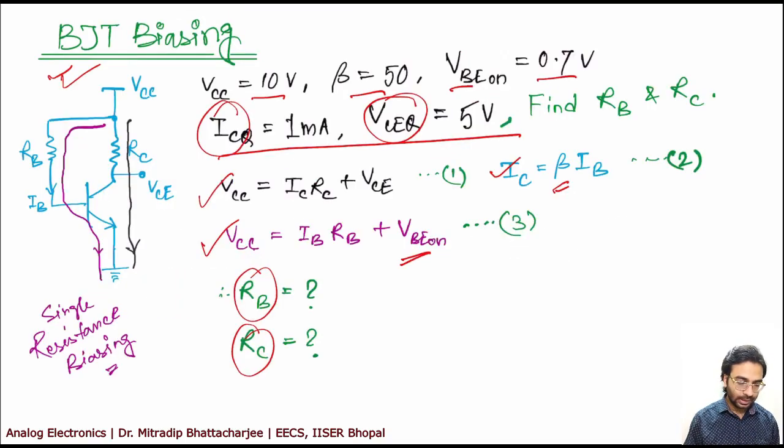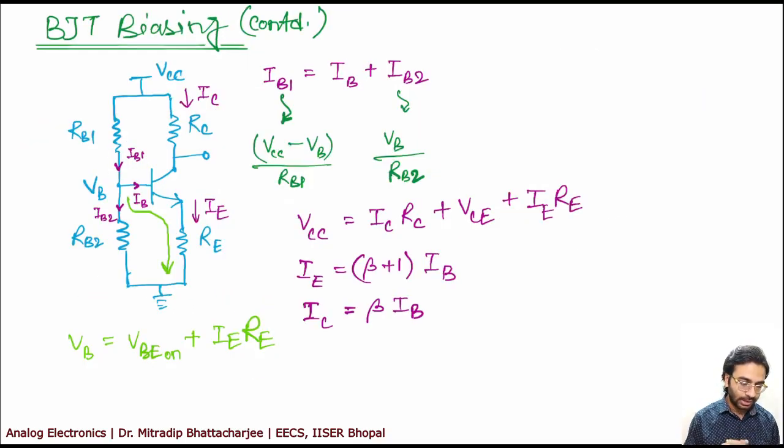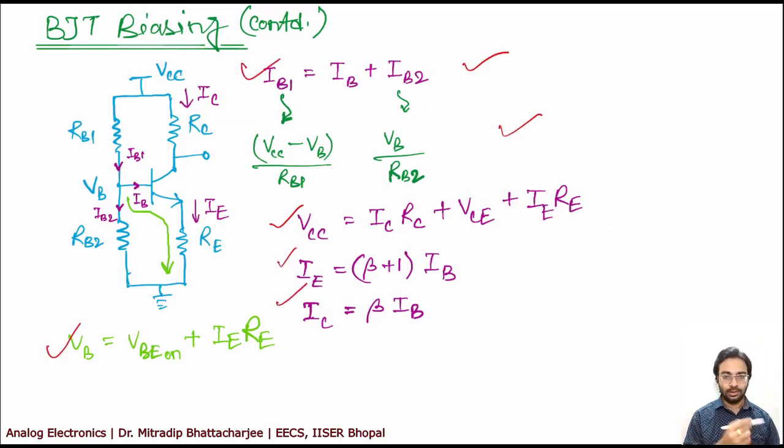Then I also discussed another biasing which is very popular. Here I have shown you how to solve this biasing condition. We have this many equations, so if you take help of these equations, you can solve for given parameters.